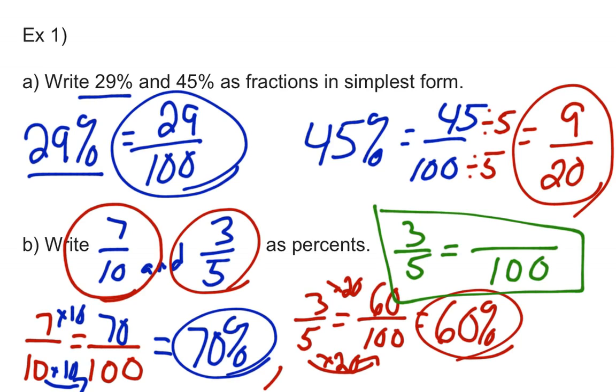And how do you solve proportions? If I'm trying to find the missing number, we could do 3 times 100, which is 300, divided by the 5, which again gives us the 60. So you could do this as proportions as well. However, whatever you have to do to change it into something over 100, we want to figure out what that number is that's going to be above 100.